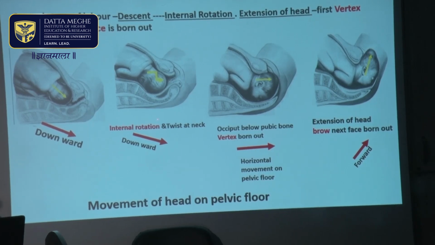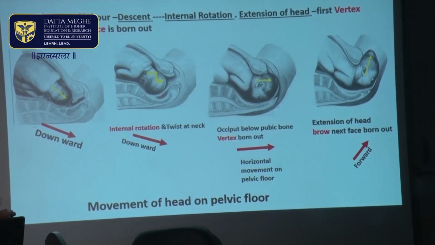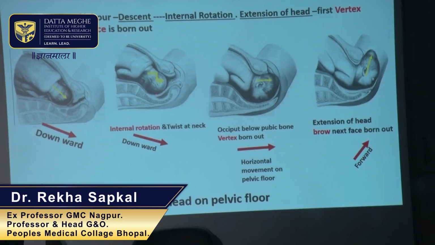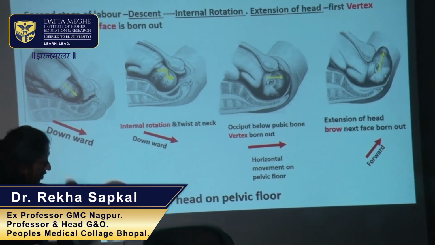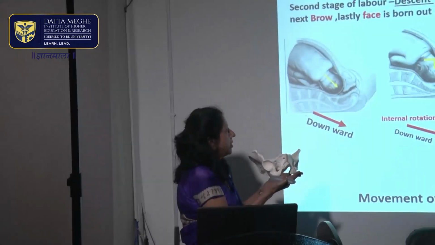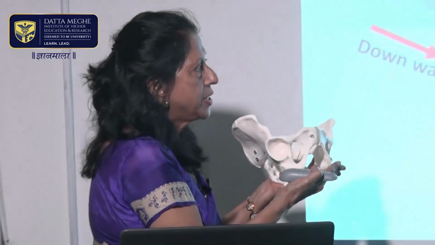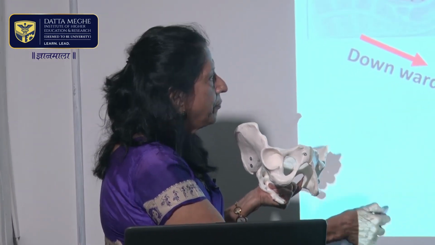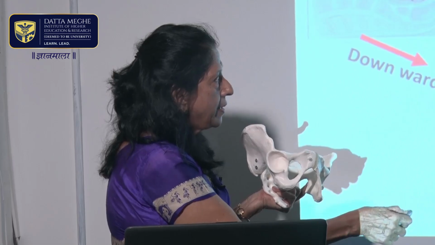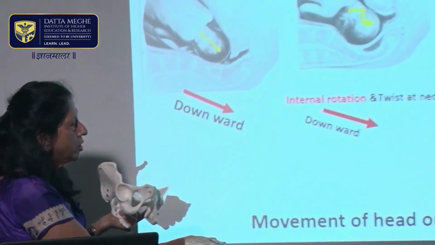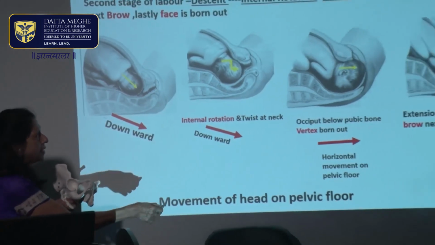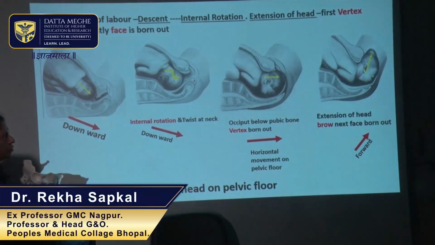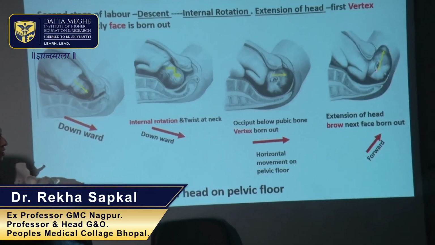Internal rotation and twist at the neck occurs on the pelvic floor, on the levator ani, when the head has already entered the pelvic cavity. Then the movement of the head is horizontal, and then there is extension. The head is borne out by the movement of extension in the second stage of labor.